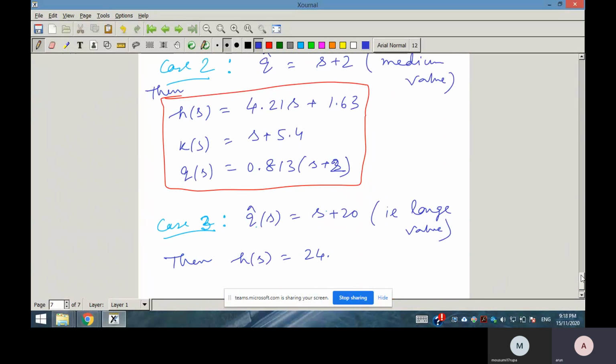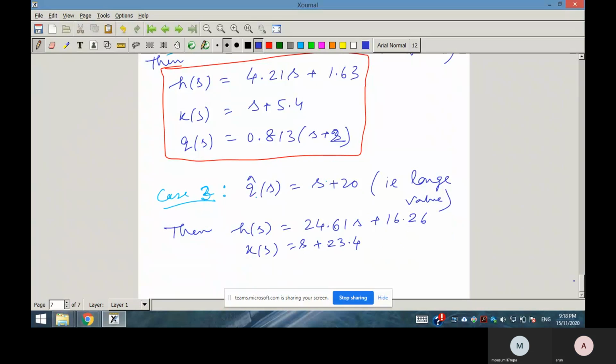So here control gains will be more in case 3. 61S plus 16.26, KS is 5 point, sorry, S plus 23.4. So it is very large now, and your QS is 0.813 into S plus 20. So now you see these gains have increased.